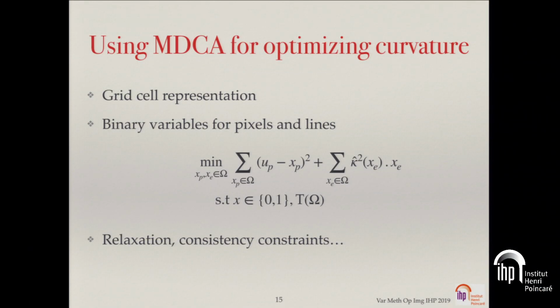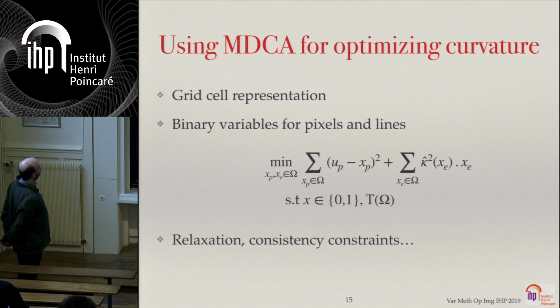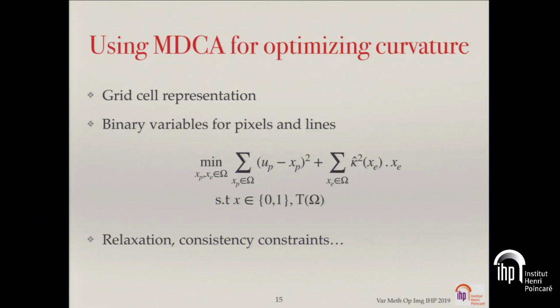Okay, so can we use this estimator for optimizing curvature? All we need to do is to take a discrete version of our criterion, which is here, and take the discrete estimator of the curvature here that we've used. Okay, and so we have also extra constraints. So for instance here, the x's that we consider are binary, inside or outside, foreground or background, basically.